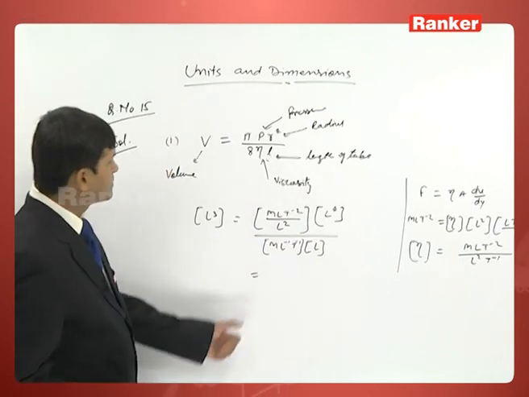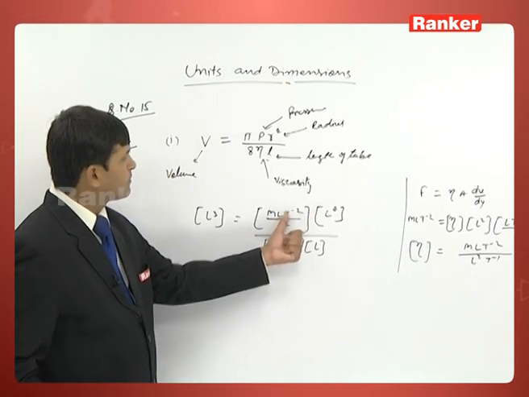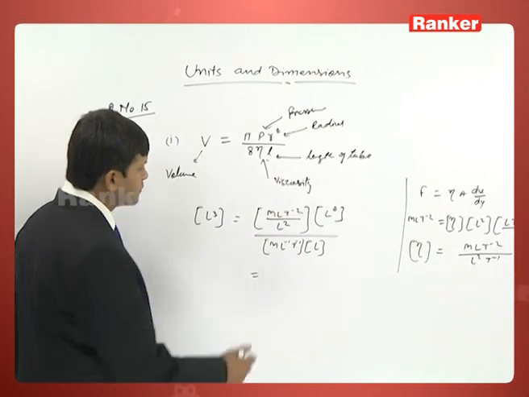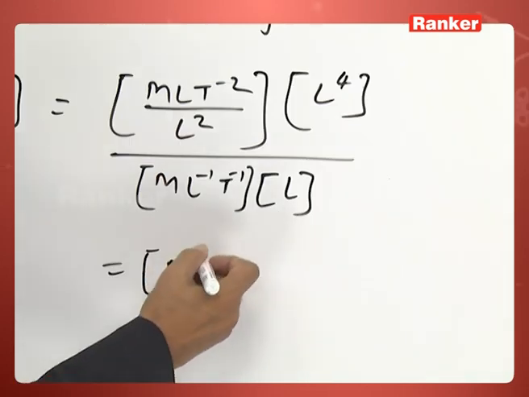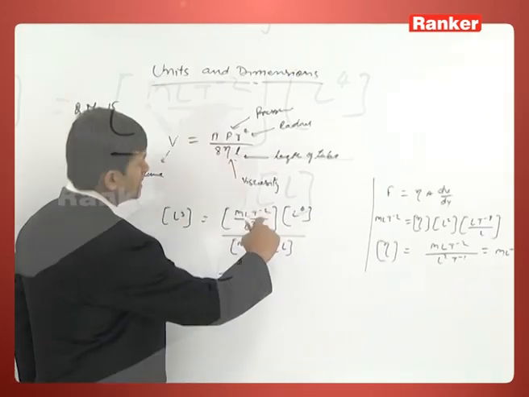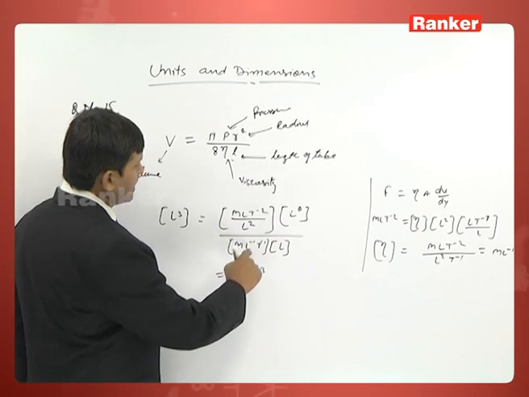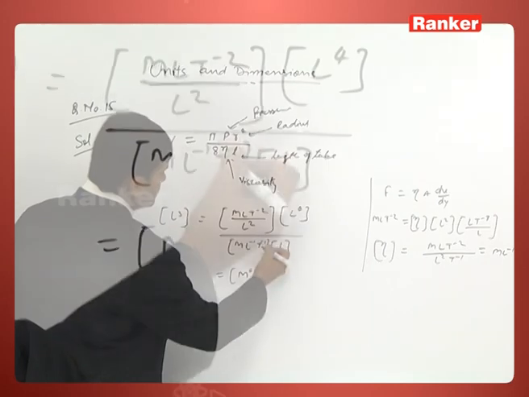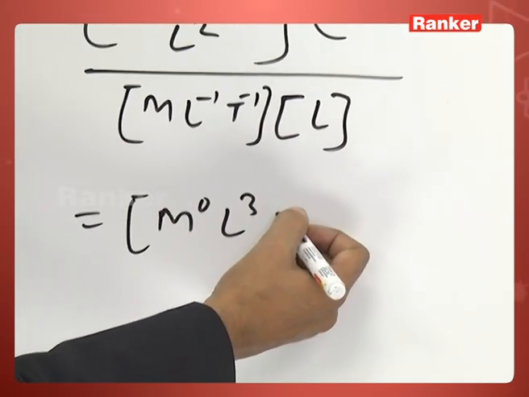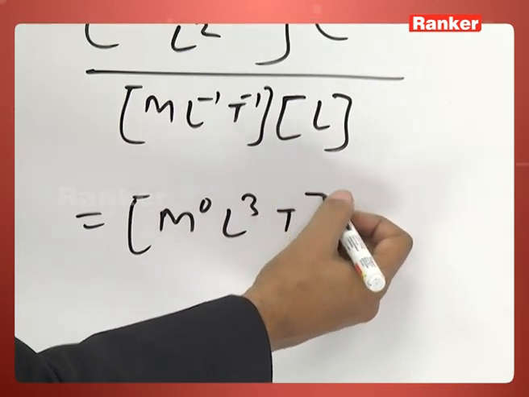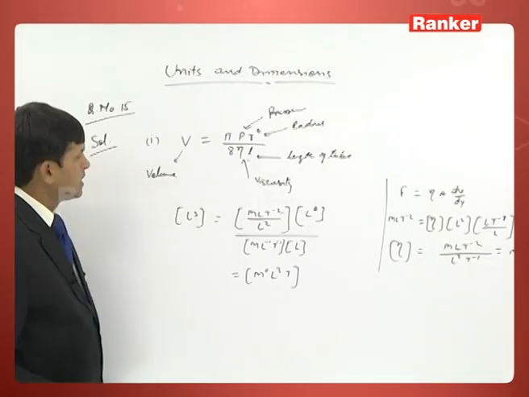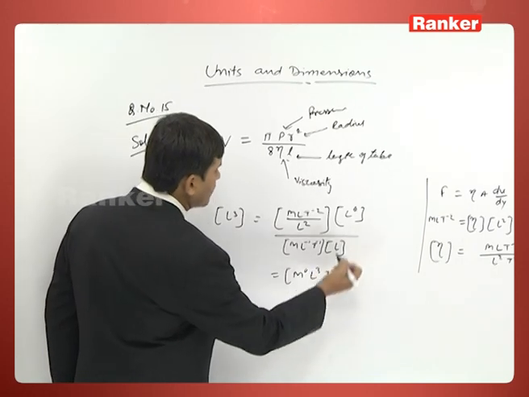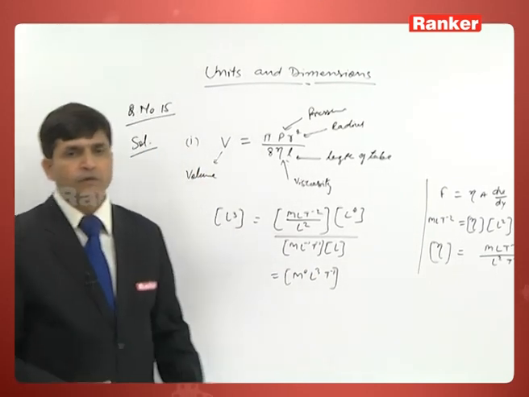So we will get L to the power 4 plus 1, 5, and here we are getting L square. So M0 L cube T minus 2 here, and here we are getting T minus 1. So this becomes L cube T minus 1, the volume per second.